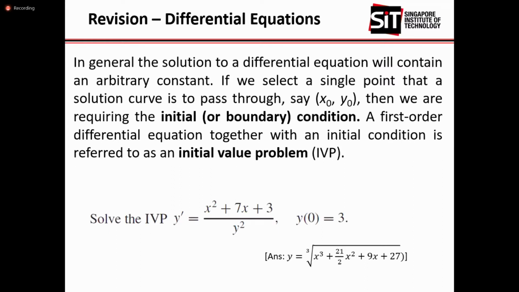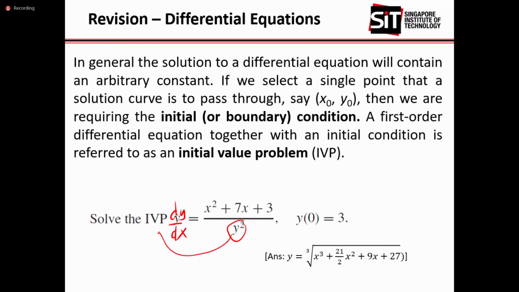So for example, here we want to solve the first order differential equation y prime is equal to x squared plus 7x plus 3 over y squared when y is equal to 3 when x is equal to 0. So this is a separable differential equation where this term is written as dy/dx.